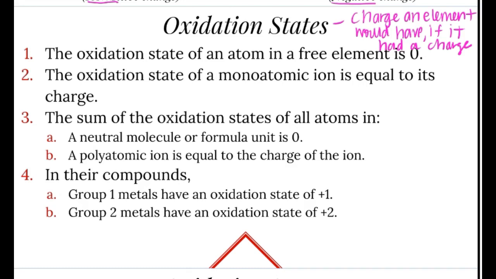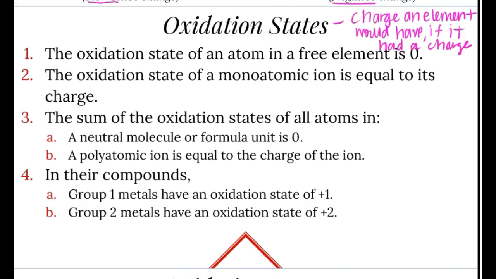We can assign oxidation states to covalent compounds, but it's just if it were to separate, if it were to become charged, this is the charge it would have. When we are talking about ionic compounds, the charge and the oxidation state are the same. But when we're talking about covalent compounds, we have to really look at what the charges would be, and we still need to think about how we're adding up to a neutral compound or adding up to the charge of an ion.